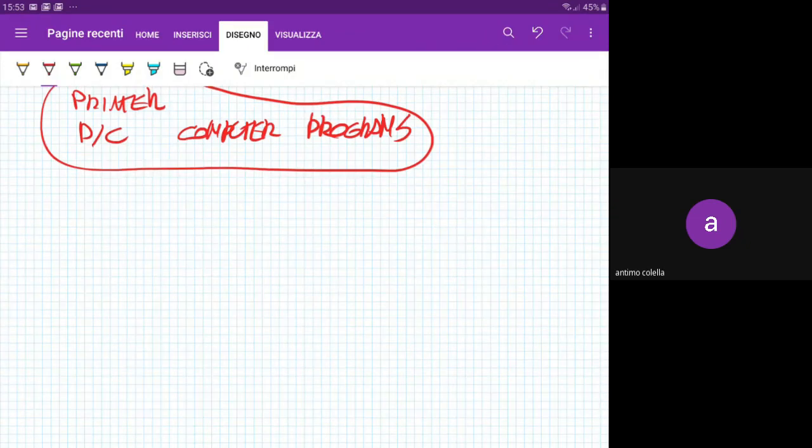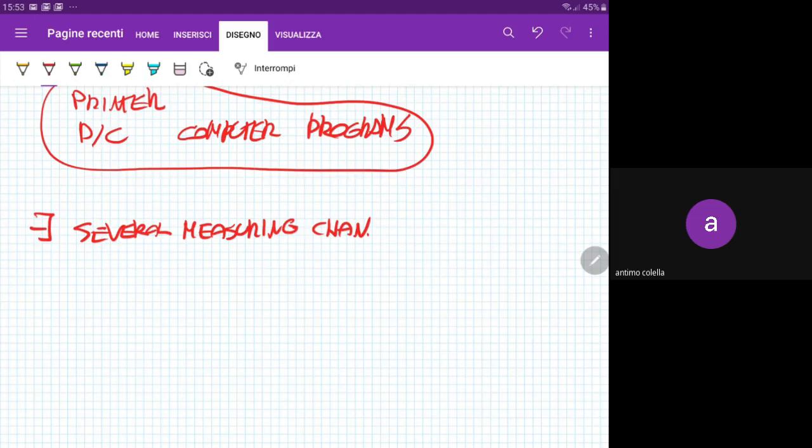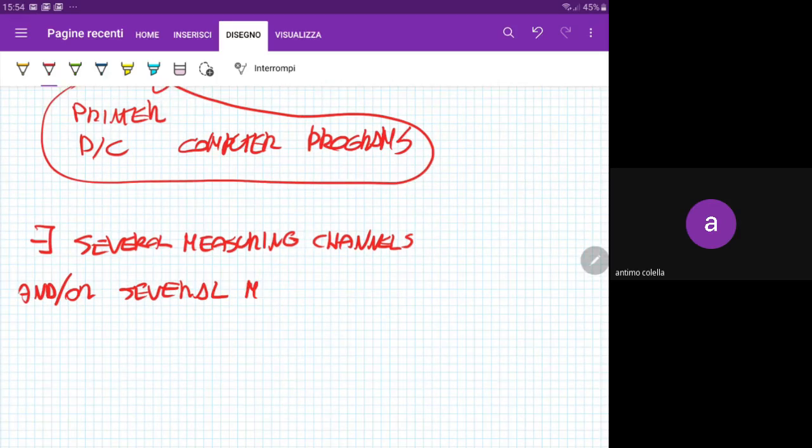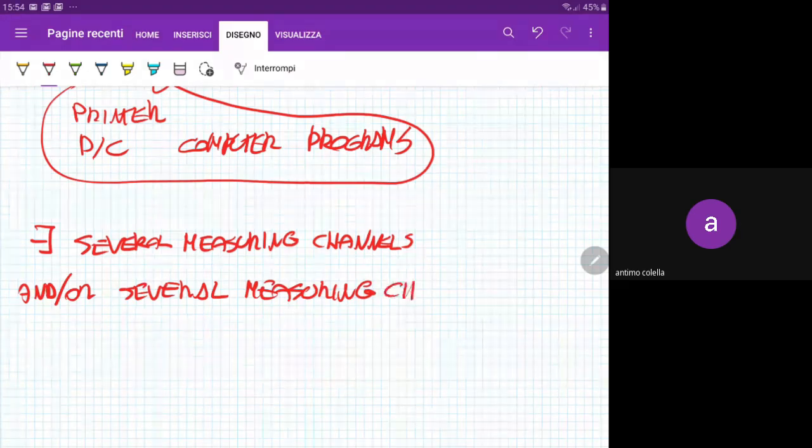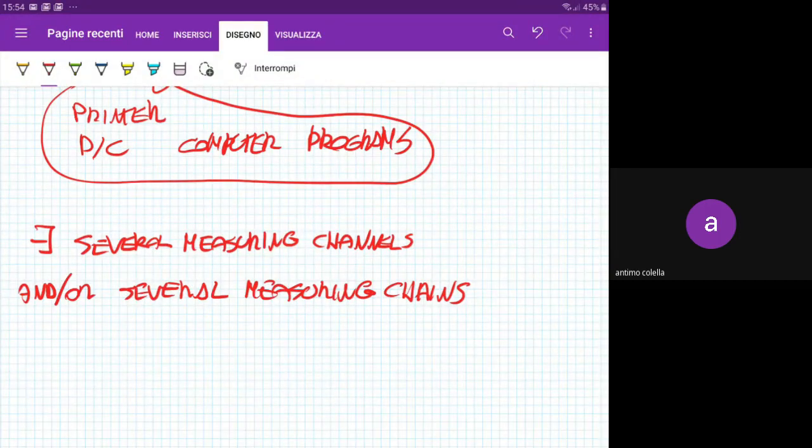Typically there exist several measuring channels, but also several measuring chains, that are referring to different transducers, for example, and all belong to the same test that we are having.